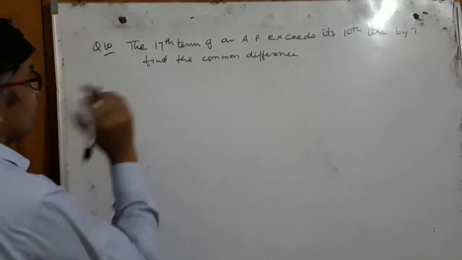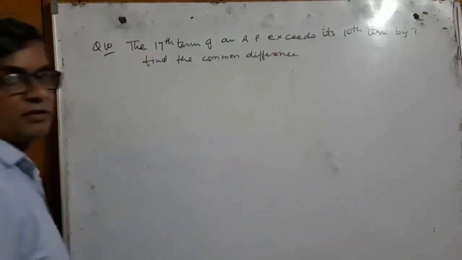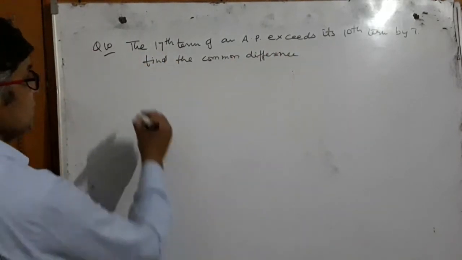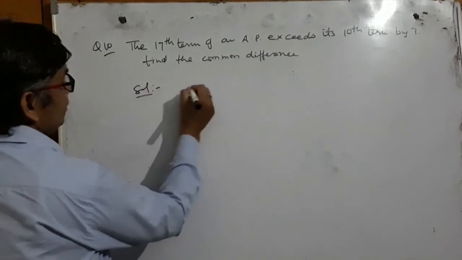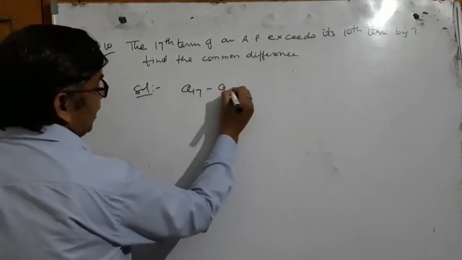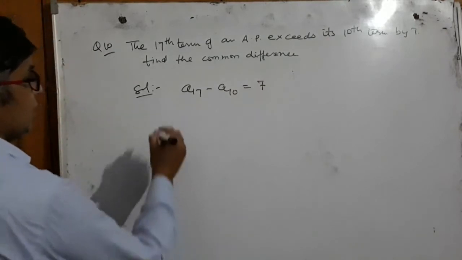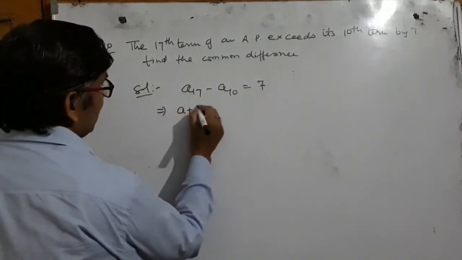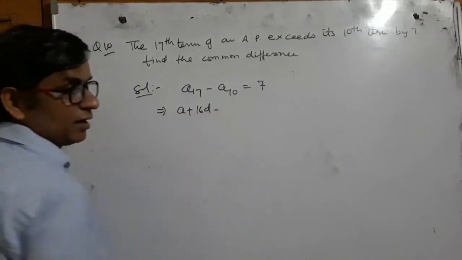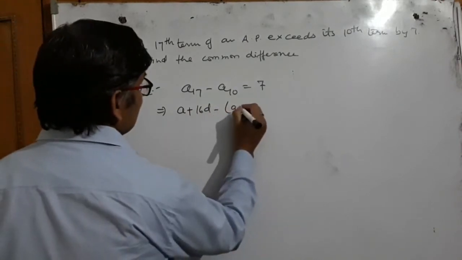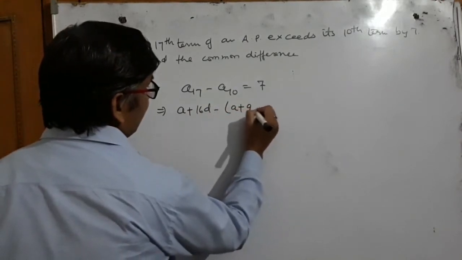The 17th term exceeds the 10th term. It means A17 minus A10 equals 7. A17 means A plus 16D, A10 means A plus 9D.